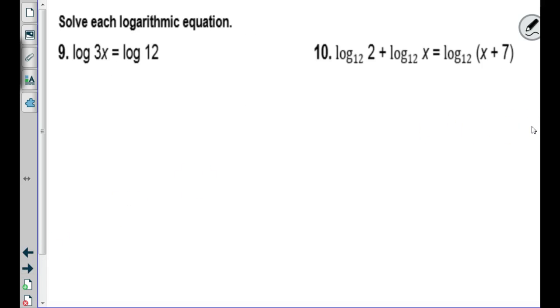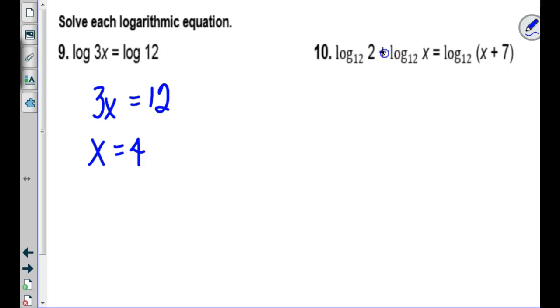We have these. You need to do these with me, right? Okay. What magic do we get to do on 9? 2 log base 10s equal to each other, so we just get to say this has to equal this, which makes x 4. We're done. Can we do the same thing on 10? Not yet.